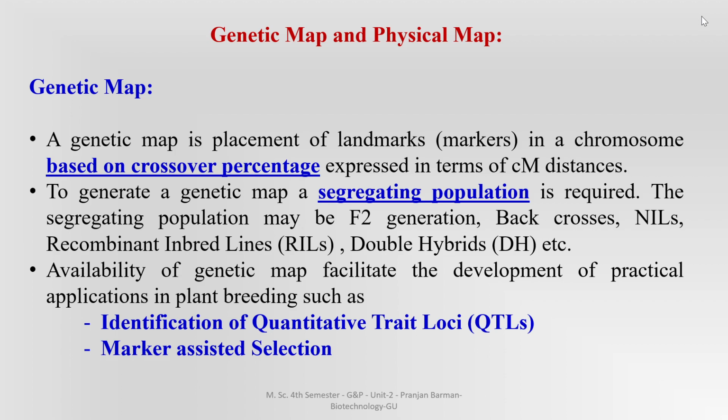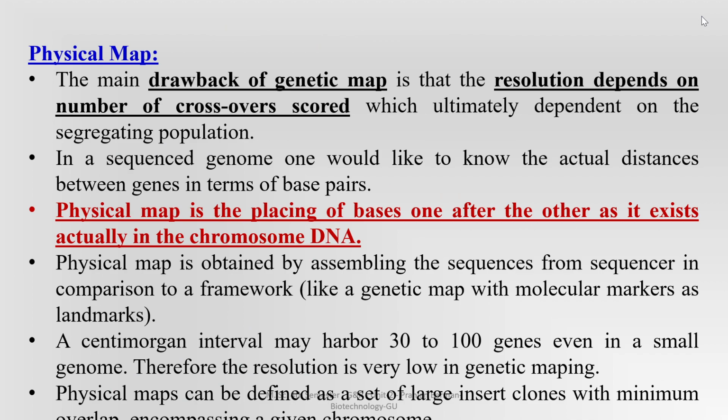It's all because of QTL identification and marker assisted selection. Besides, there are some genetic engineering techniques like map-based cloning, cloning of particular genes based on genetic maps. These are all methods which are dependent upon genetic maps.